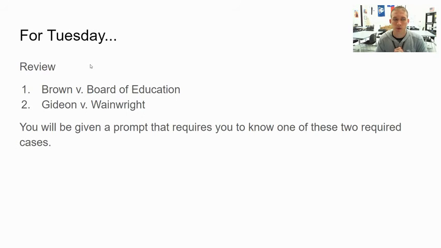You will have 1 of 2 prompts, and those will be your 2 required cases that you should be aware of: the constitutional arguments that the court used for their reasoning, the majority opinion versus dissent, general facts about the case itself, and how the court decided. So look at those 2 cases and you should have everything you need to know to succeed on Tuesday.